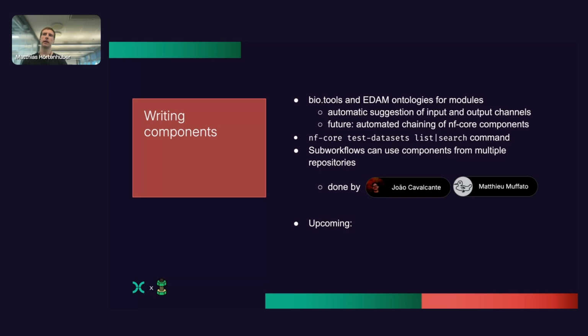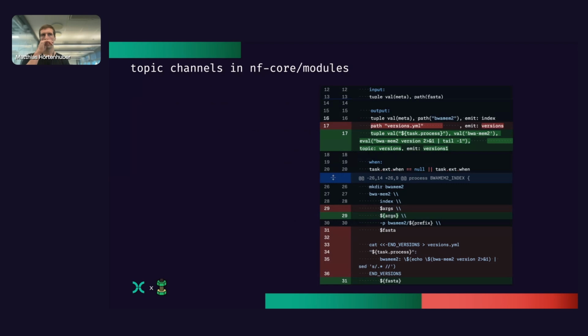What's next? One of the things we're working on for components is topic channels in nf-core modules. What do I mean with this? One new feature of Nextflow are these topic channels, and it will make it easier for us to capture versions. So again, it will remove a lot of the code.